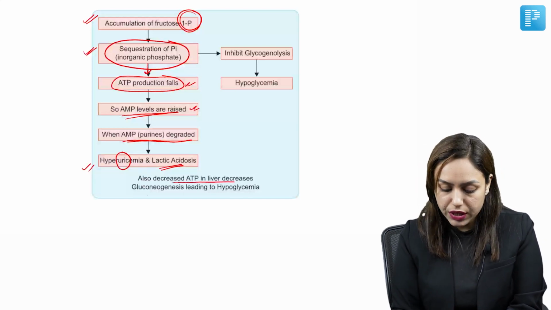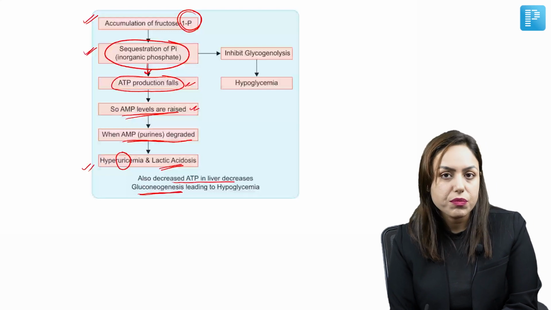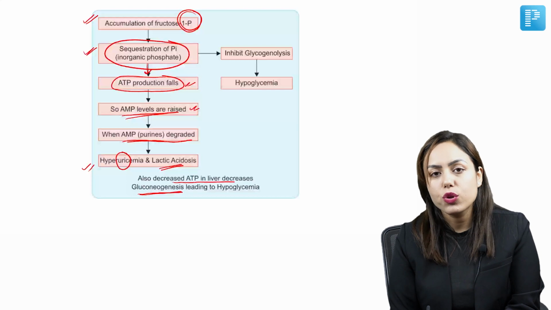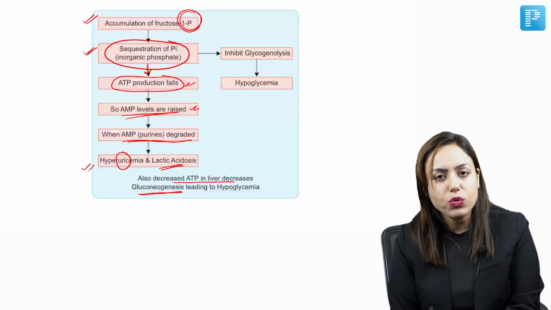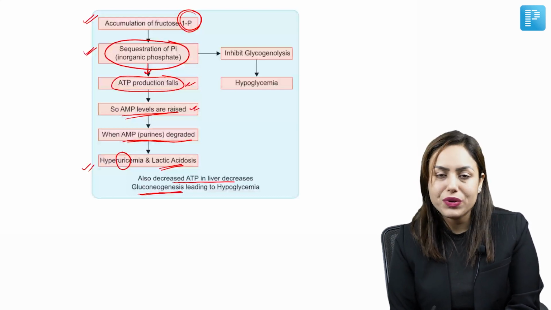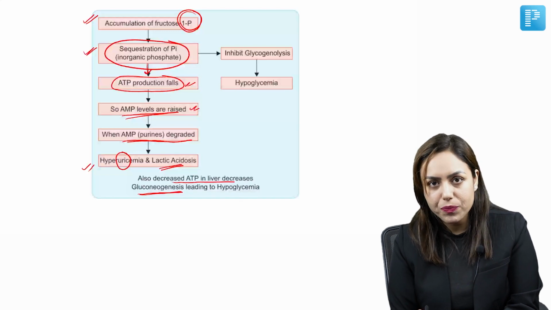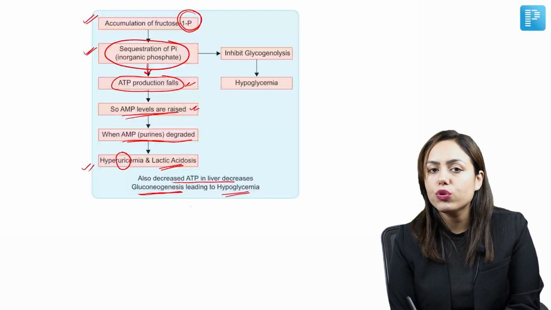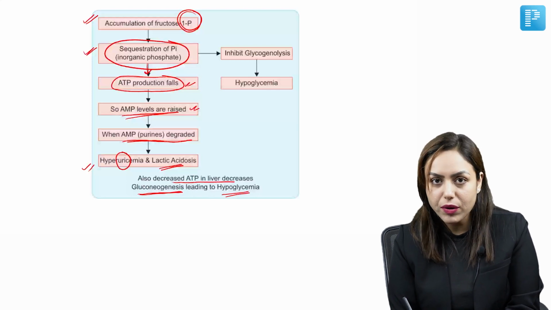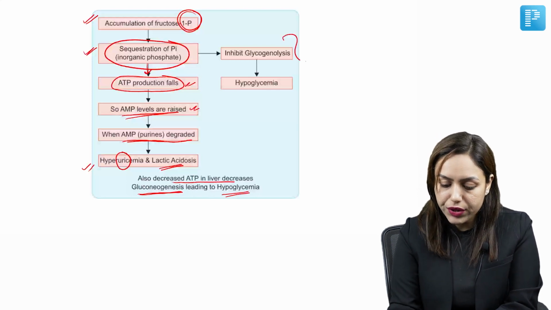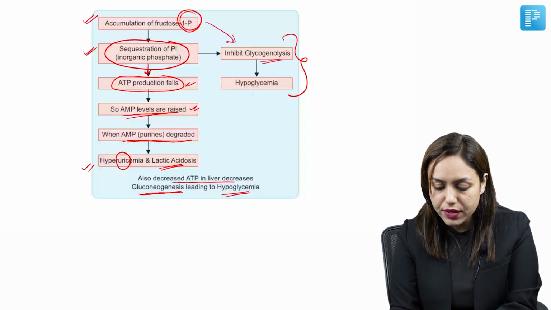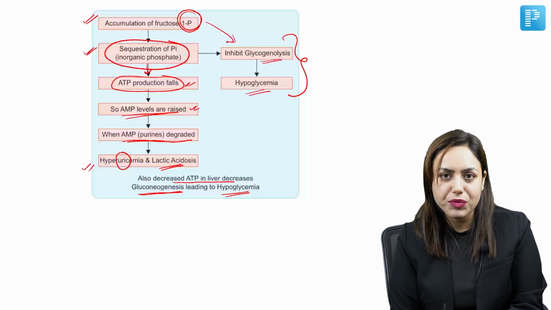This will lead to decreased gluconeogenesis, because gluconeogenesis also requires ATP. To make 1 glucose, we require 4 ATPs and 2 GTPs, right? So this will also lead to hypoglycemia, because gluconeogenesis will not occur. And I already told you that fructose 1-phosphate inhibits glycogenolysis, leading to hypoglycemia, right?